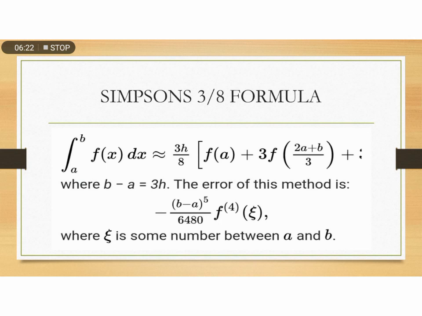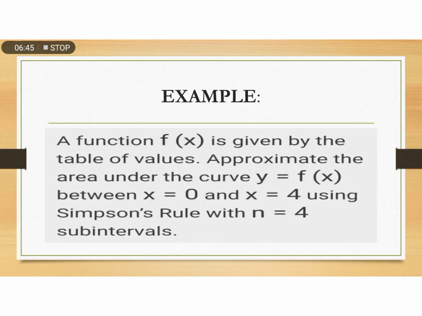The error of this method is (b minus a) times h to the fourth power over 6480 times the fourth derivative of f at some number between a and b.